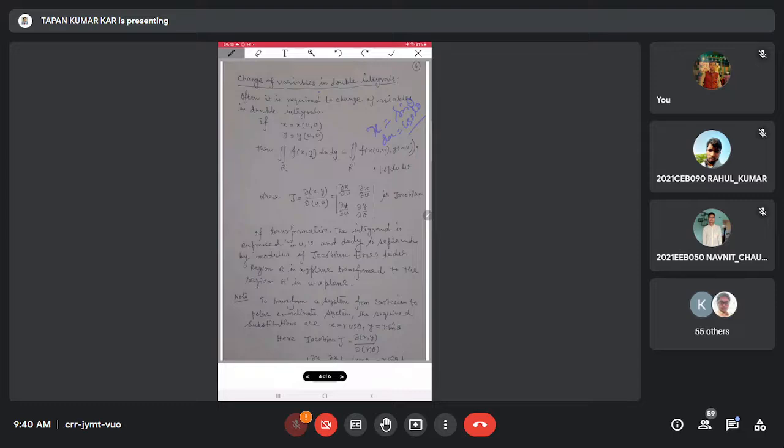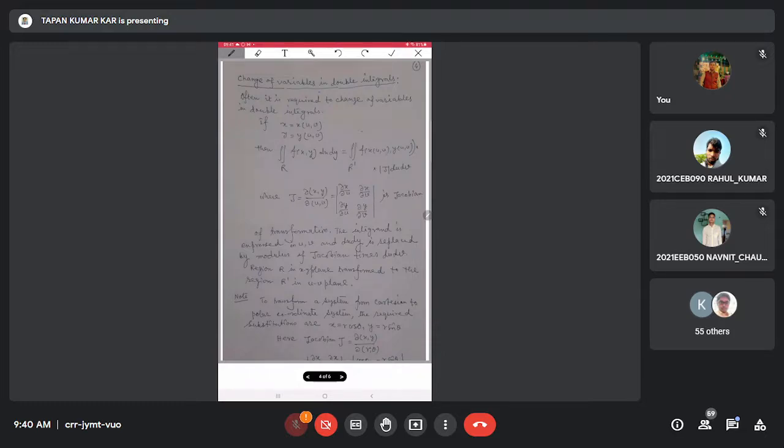But what will happen in the case of a function of double variable, or a double integral or triple integral also? This change of variables is very important. Often it is required to change the variables in a double integral.